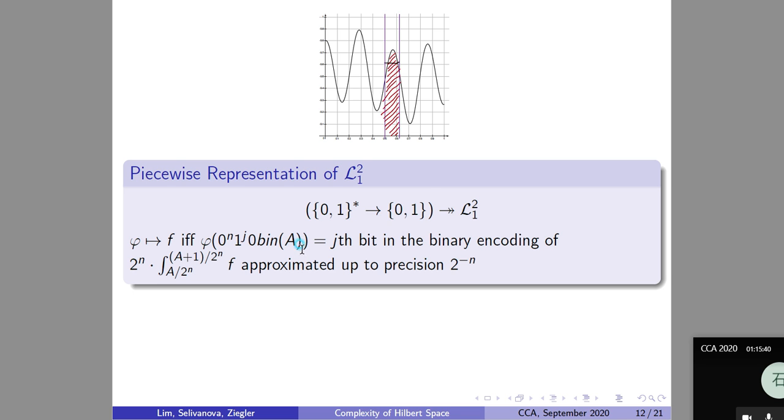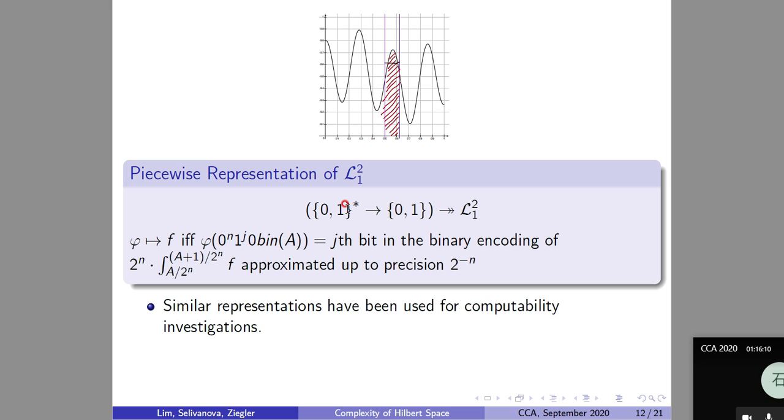And similarly, these are just square integrable functions, and this may not necessarily be continuous. So given some interval, a is the interval index, and we use the integration to calculate the average, and that's what this representation encodes.